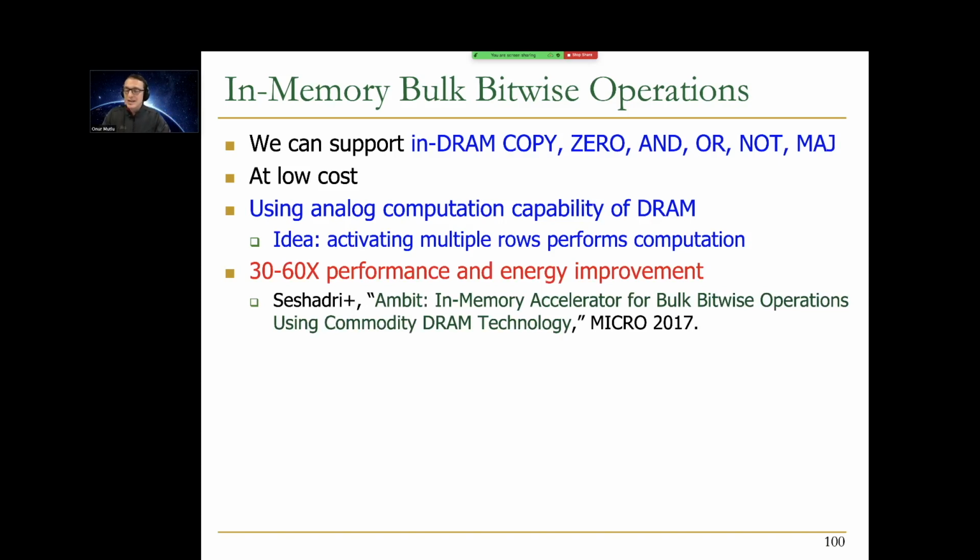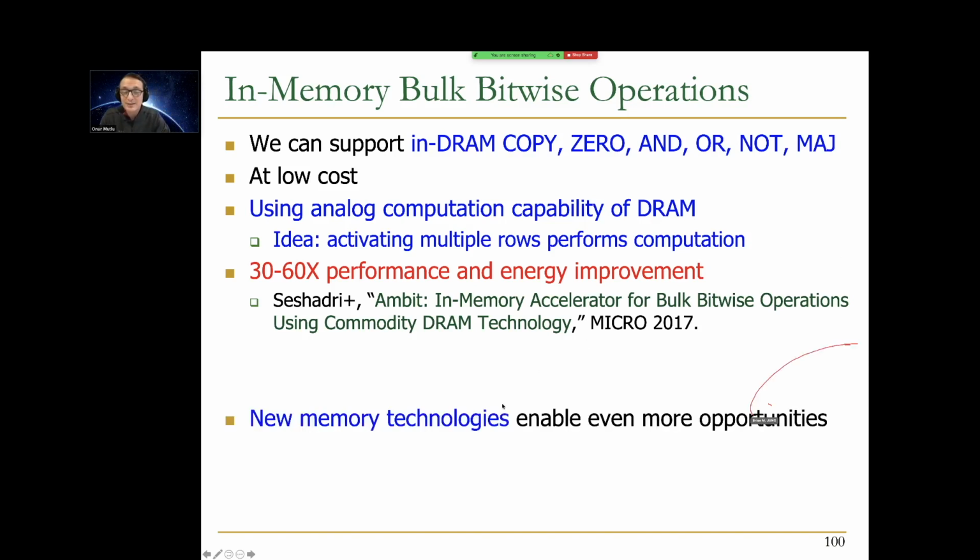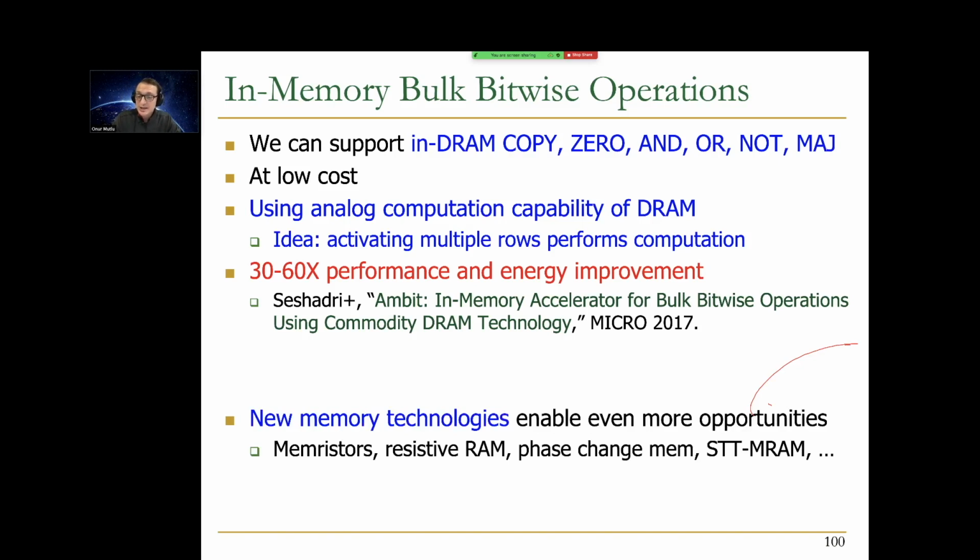Now, before I give you the mechanism a little bit more, I will mention that new memory technologies enable even more opportunities into the system. Basically, there are a bunch of memory technologies that are really interesting that are non-volatile. They can operate on data with minimal movement because DRAM fundamentally is destructive whenever you do a read or activate, whereas these memory technologies are not destructive, so you can actually minimize the data movements.